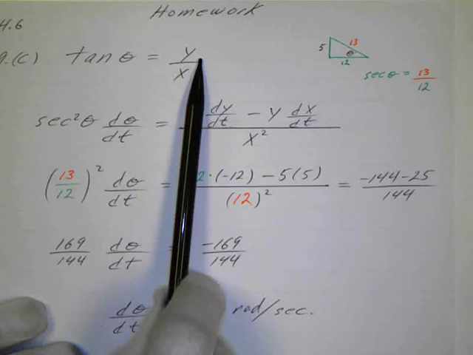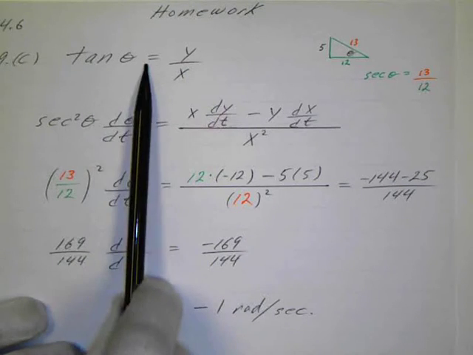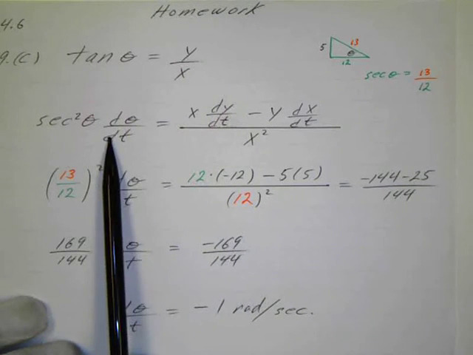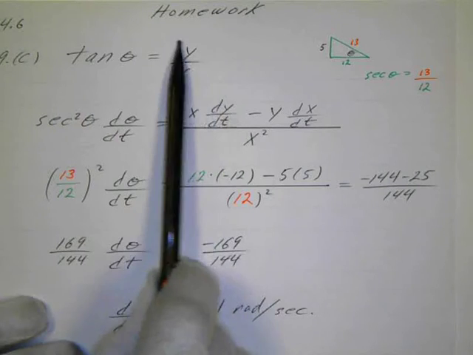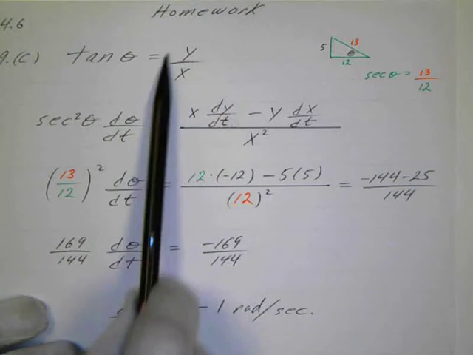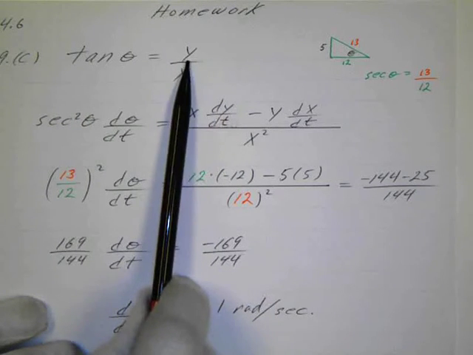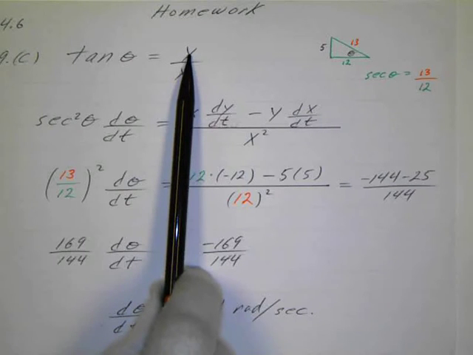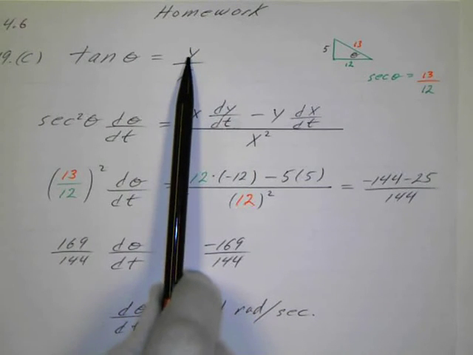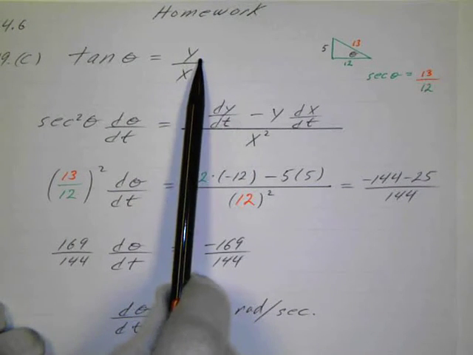If I take the derivative of both sides implicitly, I get the derivative of the tangent is secant squared theta d theta dt, and I'm going to have to use the quotient rule here. That makes it a slightly different approach. If this was just x, or even just y, then I could do it using the inverse tangent.